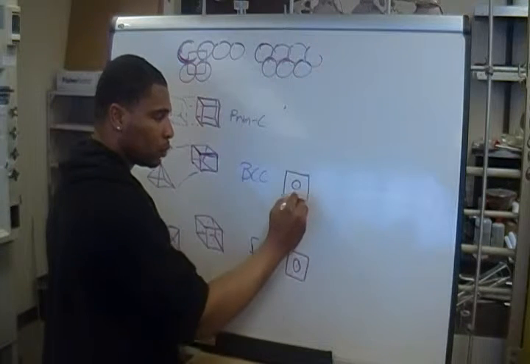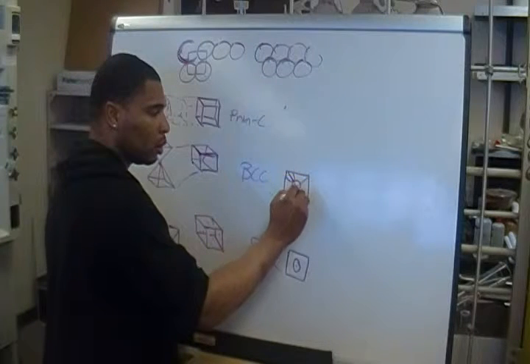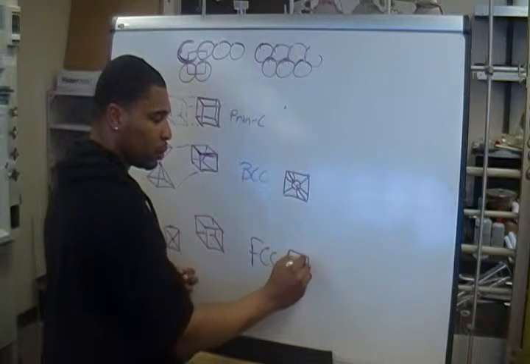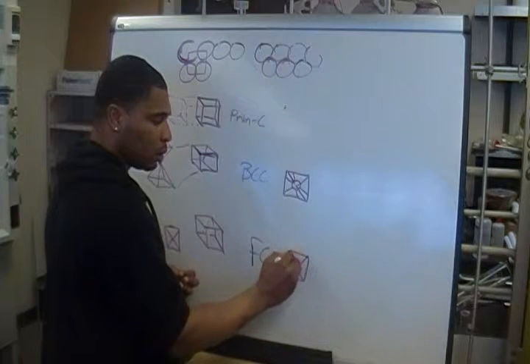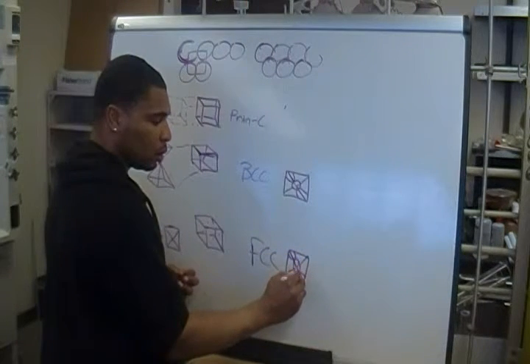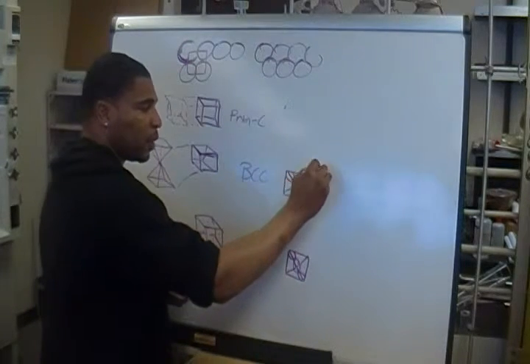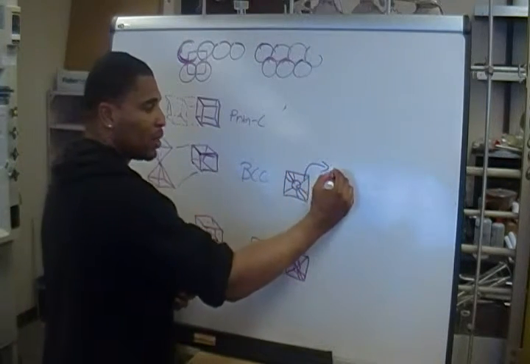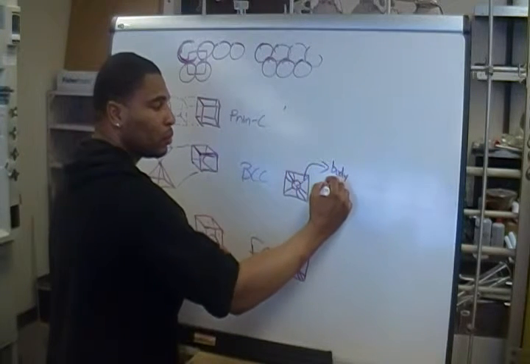At this point where I draw this here, it's a 2-dimensional representation, and at this point they look the same. Here's where they differ, because this diagonal line here, for the BCC, is called a body diagonal.